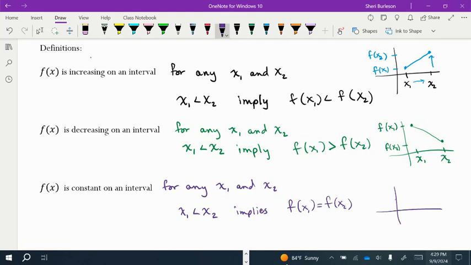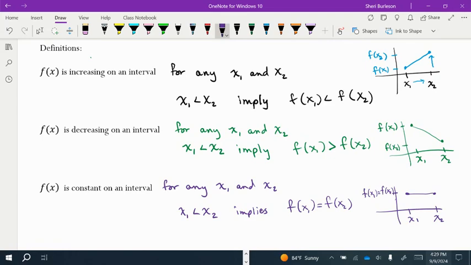So again, x sub 1 less than x sub 2, but their function values are equal. So here that would be a constant function because there is no change, and that is for every x value that meets that as you're moving from left to right.